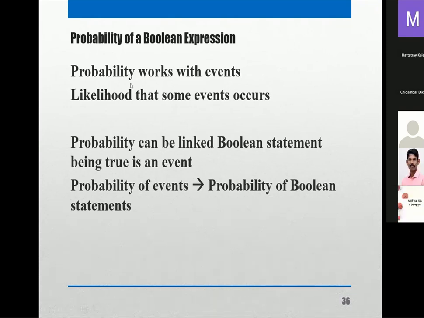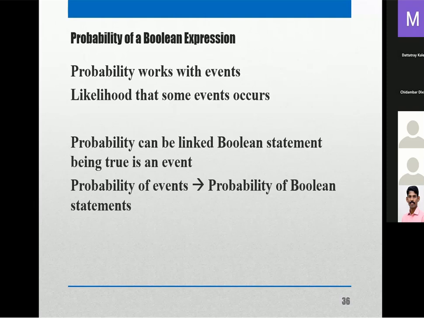In this slide, we can see probability is about predicting likelihood. Will something happen or not? How likely is it to happen? How unlikely? Which is the most likely outcome? The idea of an event can be linked to Boolean logic.